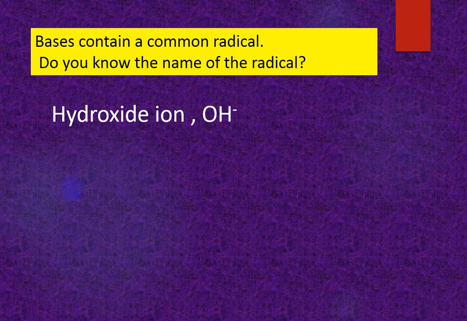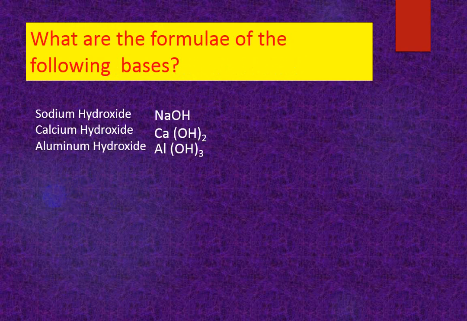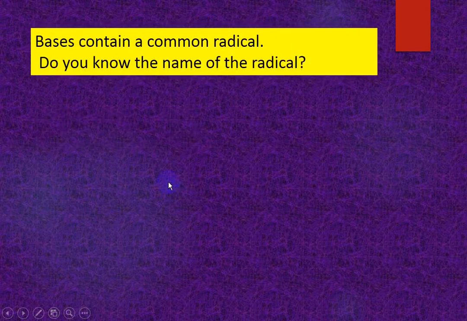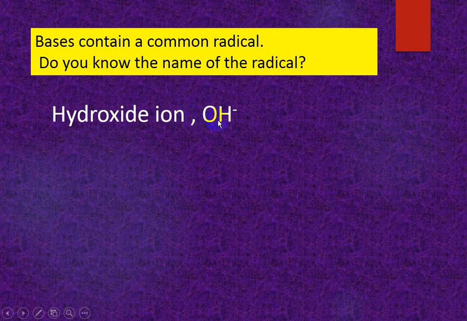Sodium hydroxide, calcium hydroxide, ammonium hydroxide all contain it. There are different types of acid and base definitions, but you learn only this: hydroxide-containing substances are bases. If you see OH, you will say this is a base.